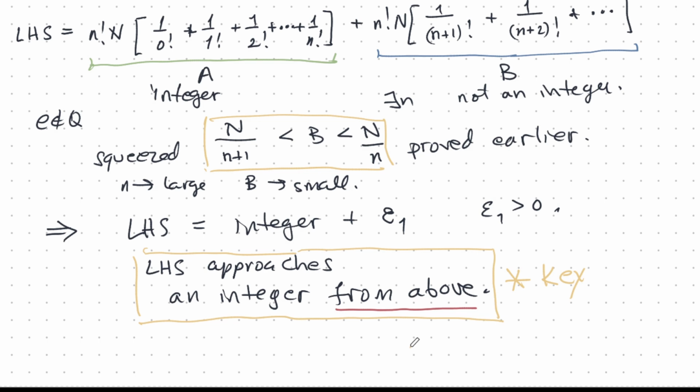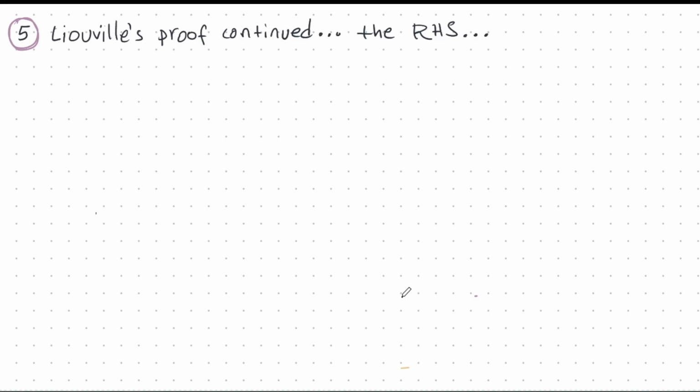This is a key concept, so don't you forget this. This is a beautiful idea. So we've taken the classic proof about e, and we've extracted a little bit more information. And now we see that the left-hand side is an integer plus some positive number that can be made as small as we like.